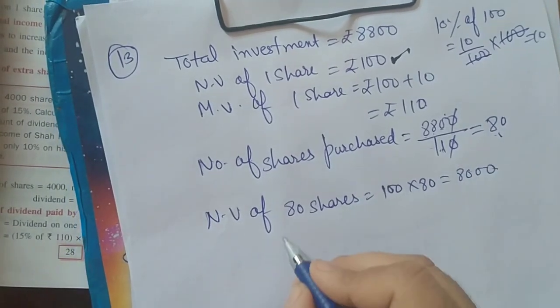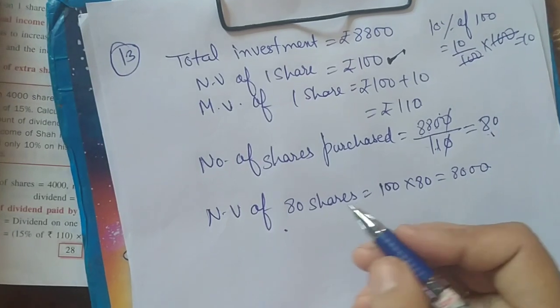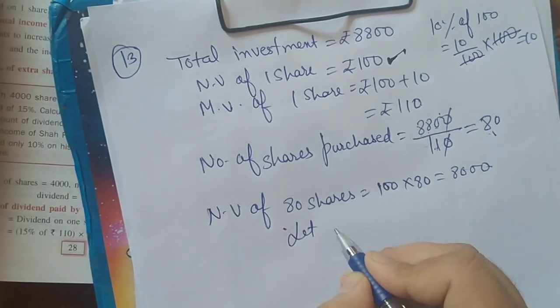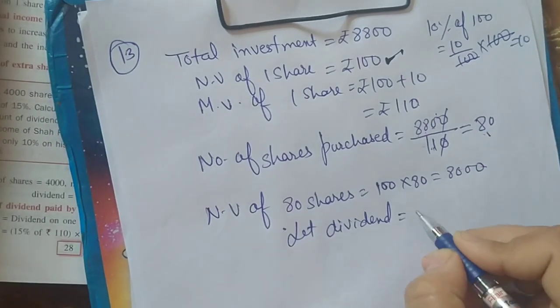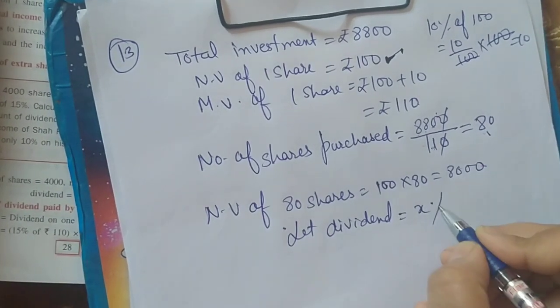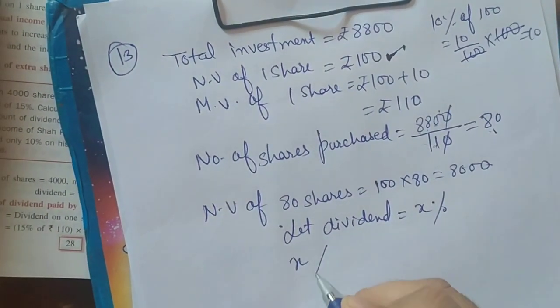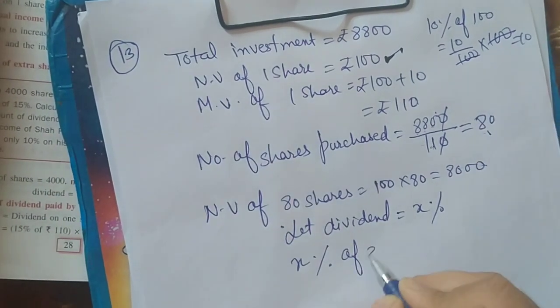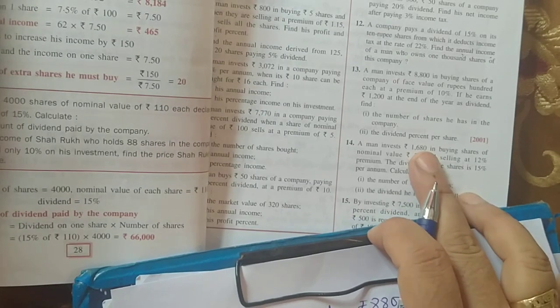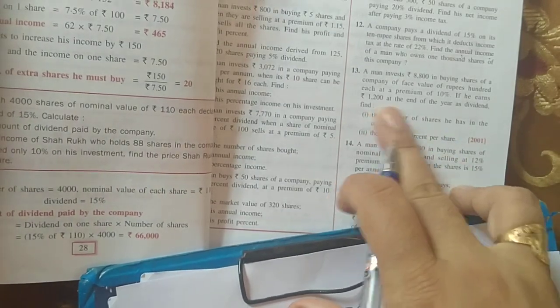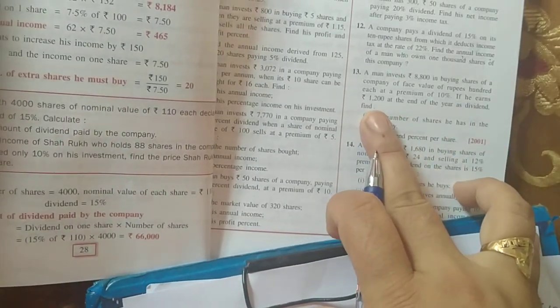Let the dividend, because we have to find the dividend, be equal to x percent. So x percent of 8000 is equal to 1200, because he earns 1200 at the end of the year.